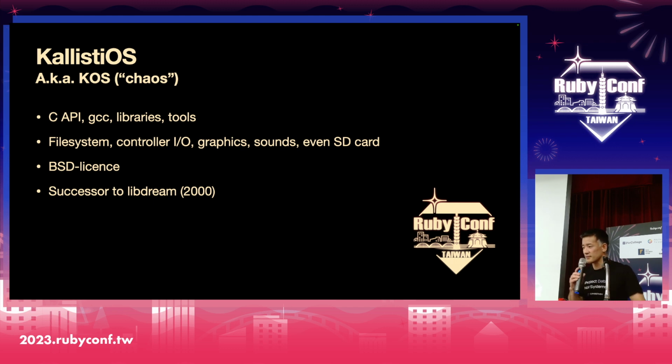Callisto OS is for Dreamcast. It's the development environment, sometimes called a pseudo OS. It's also known as Chaos, and it provides a C API and GCC, and does a lot of things like file system control, IO, and graphics. It's BSD licensed, and it has a long history.